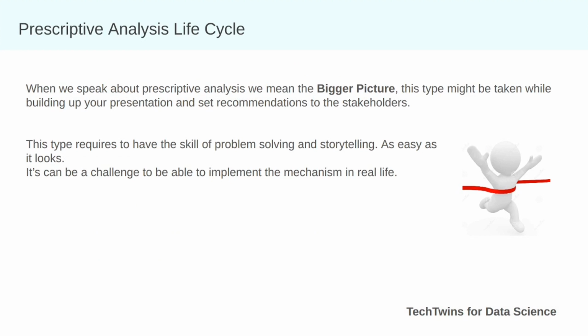Prescriptive analysis. When we speak about prescriptive analysis, we mean the bigger picture. This type might be taken while building up your presentation and set recommendations to the stakeholders. After running your analysis and summarizing your findings, you will have possible scenarios to choose the best one among them. A simple example is what the Google Maps app is doing.